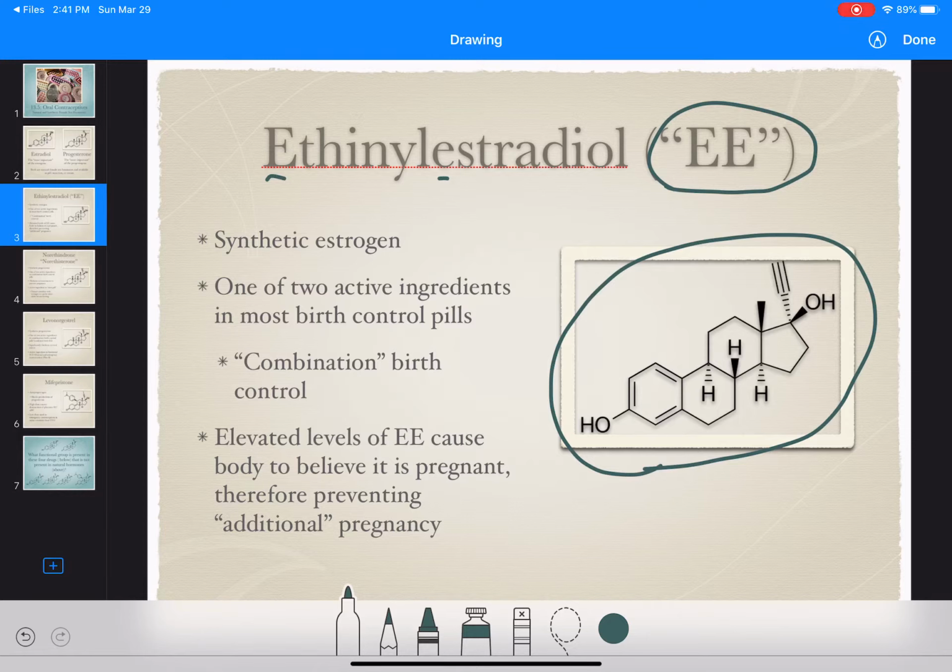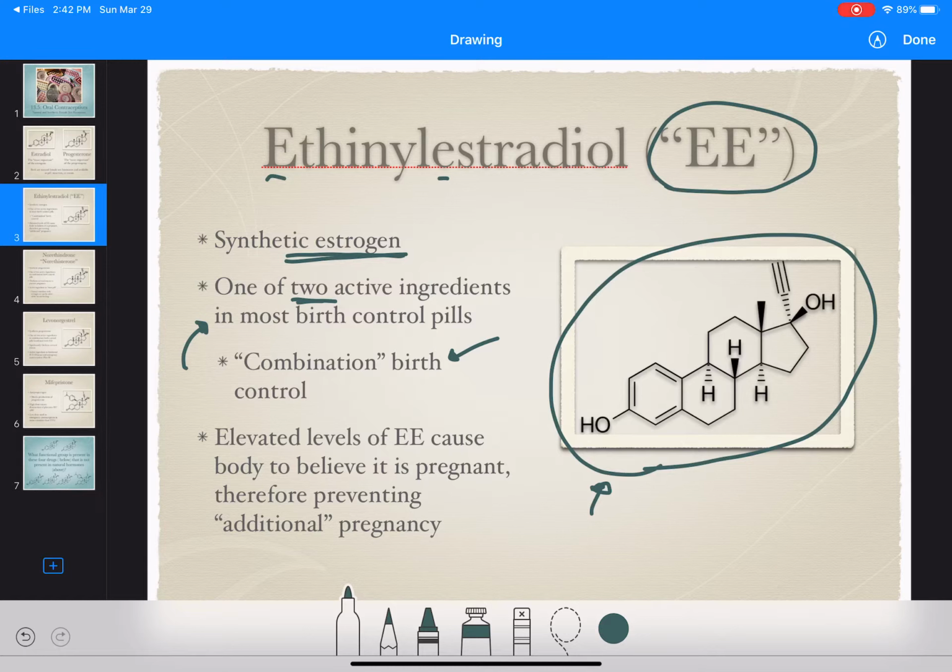This is a synthetic estrogen, so synthetic means that it's made in a lab, it's not made in our body, and it is one of the 2 active ingredients in most of the birth control pills that are taken by women in America. If you are taking a type of birth control pill that's called a combination pill, that means the birth control pill is a combination of 2 active ingredients, and this is definitely one of them. Or most likely one of them.